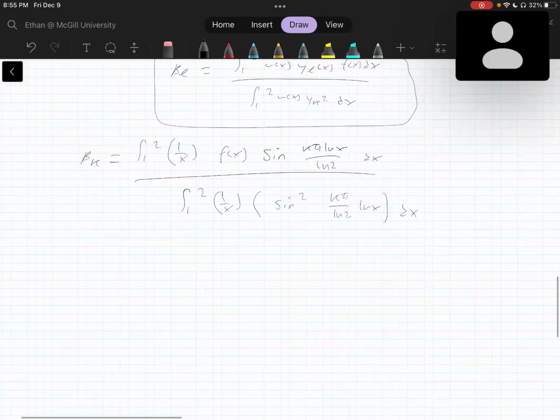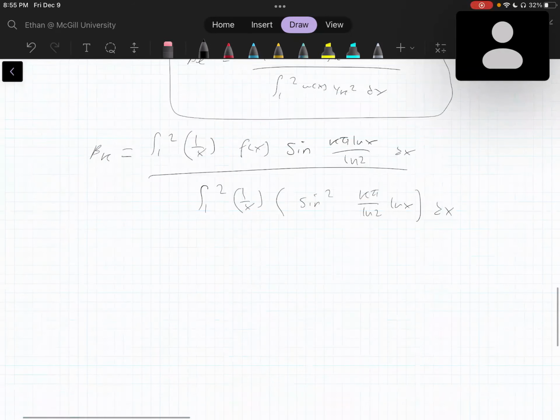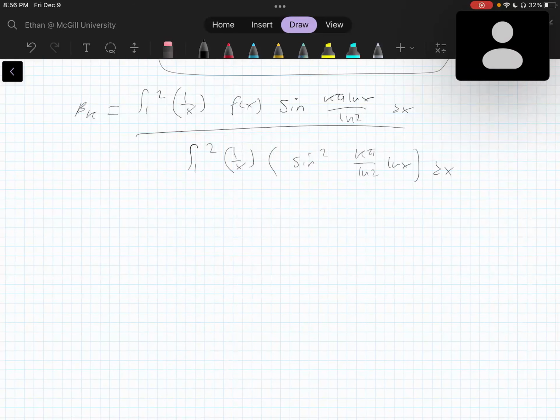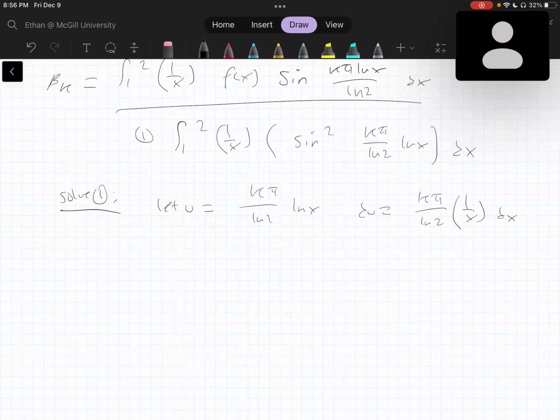Now the top integral can't be solved because of that function f of x, which we don't know what it is, but the bottom can be solved. We're going to solve this very quickly by just doing a u substitution. So I'll call this I. Let u equal k pi over ln 2 times ln x. Then du is going to be equal to k pi over ln 2 times 1 over x dx.